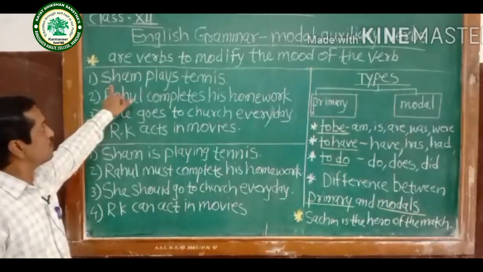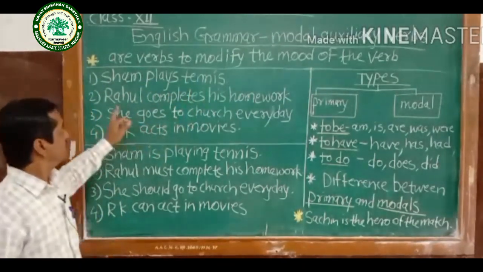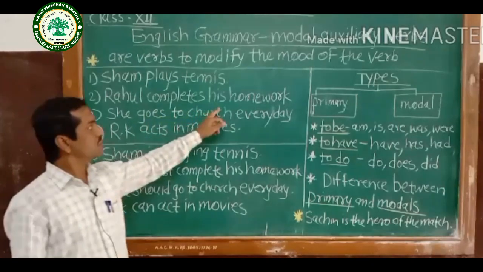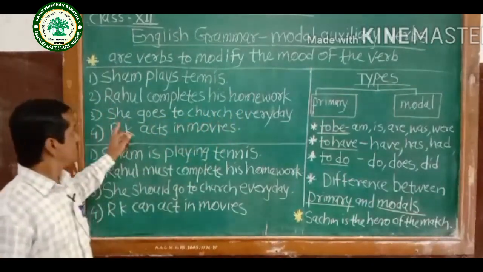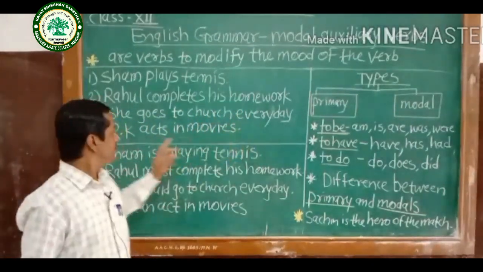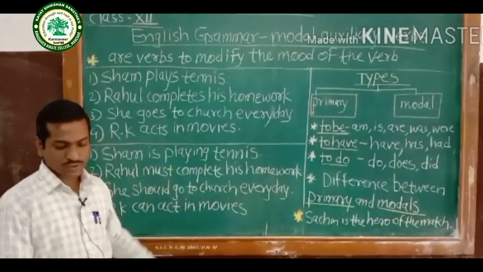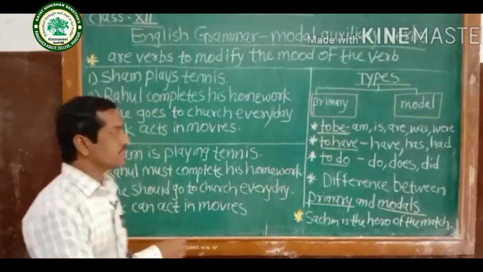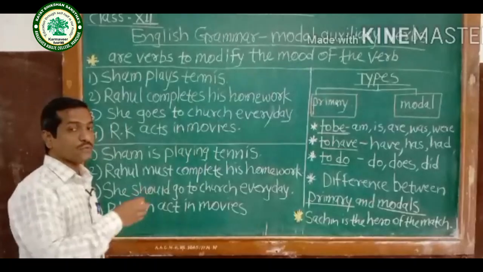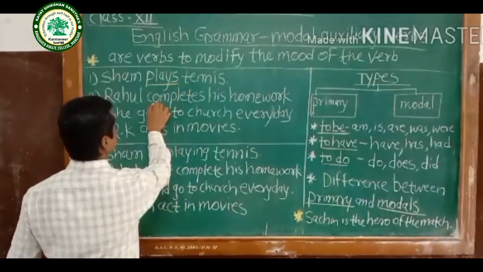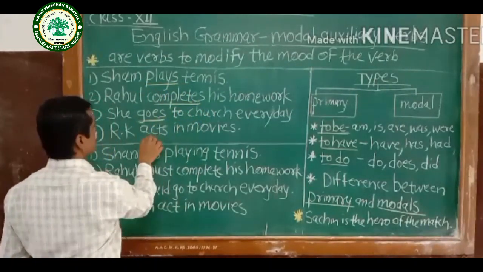I have written certain sentences here. For example, Sham plays tennis, Rahul completes his homework, she goes to church every day, RK acts in movies. Students, you will find that the main verbs here are plays, completes, goes and acts.